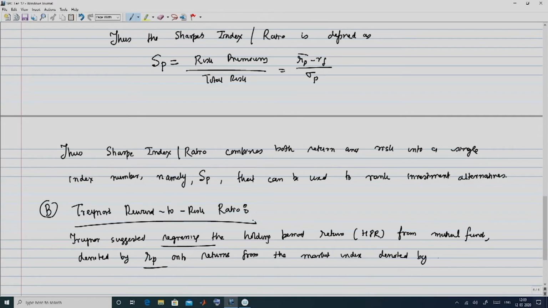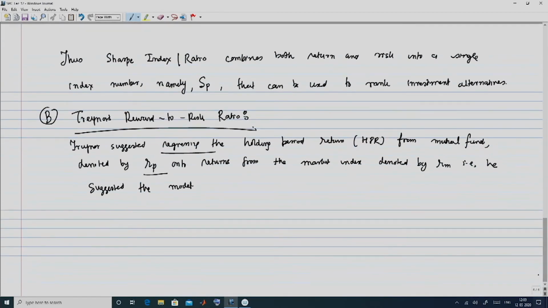So, this is the same framework as the single index model. That is, he suggested the model. So, it is a single index model. Now, I am just modifying this for a portfolio P instead of an asset i.